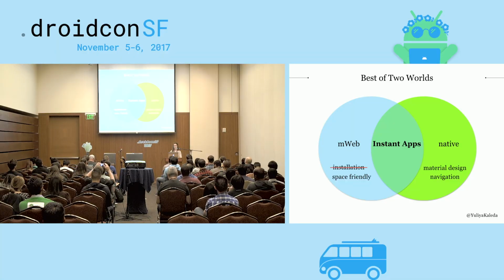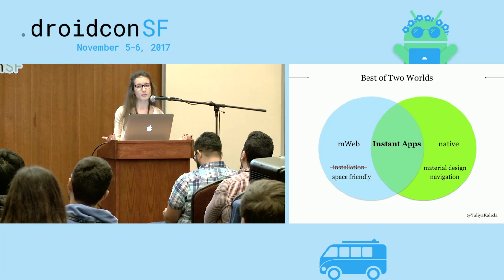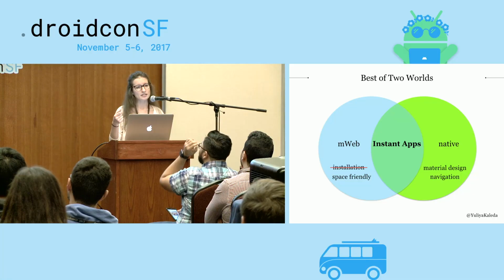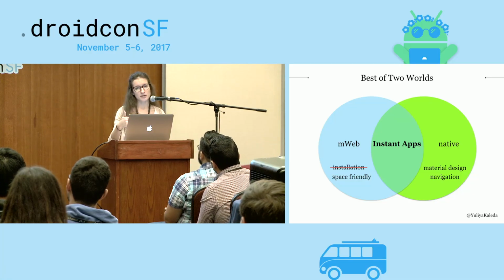We still have material design and navigation. You still write your Instant App in Kotlin or Java or whatever you prefer. So it's a truly native application, but at the same time it takes some mobile web features, such as being space-friendly and not needing installation through the Google Play Store. So what happens is, once the user clicks on a URL address, part of the application is downloaded on the device.